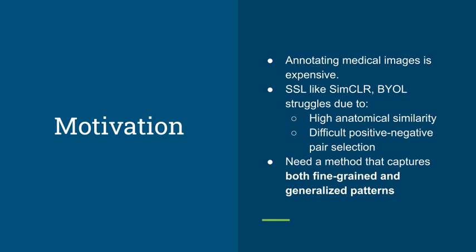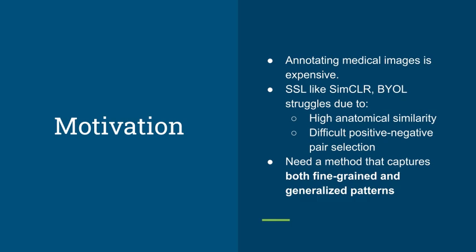While each one is technically different, visually they might look almost the same. The rib cages, the lungs, the heart outline, they'll follow a standard layout. So even though the disease may be present in one and absent in another, it is extremely hard for SSL algorithms to detect those subtle differences when most of the image looks the same.